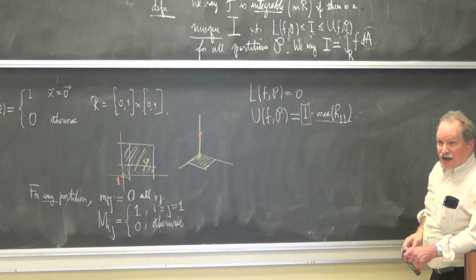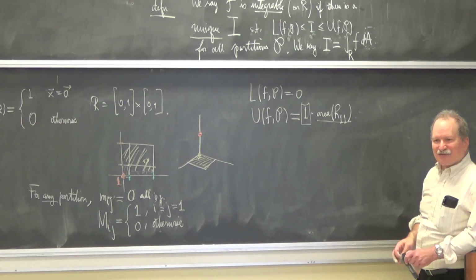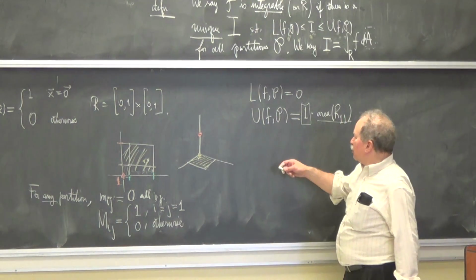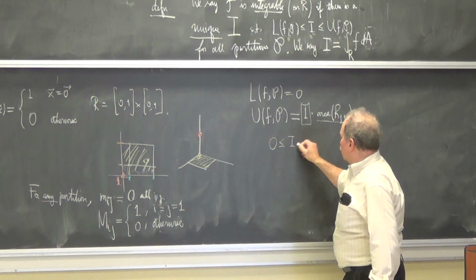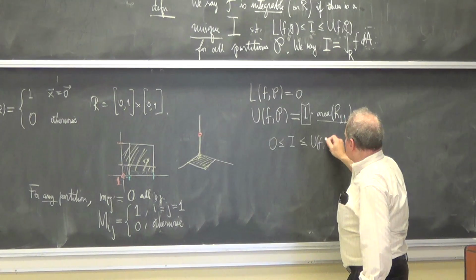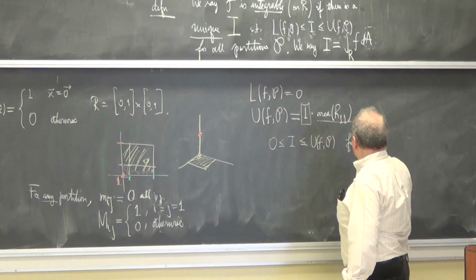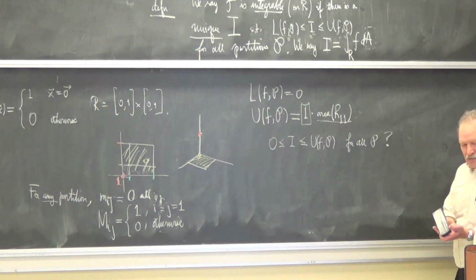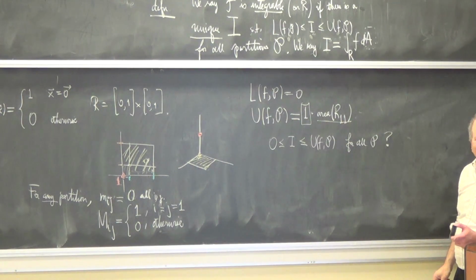So you say to yourself, glad you didn't forget that over Christmas. What number satisfies this for all partitions? No, there isn't one, because if you make just one whole partition of the entire rectangle, it's going to be 1.